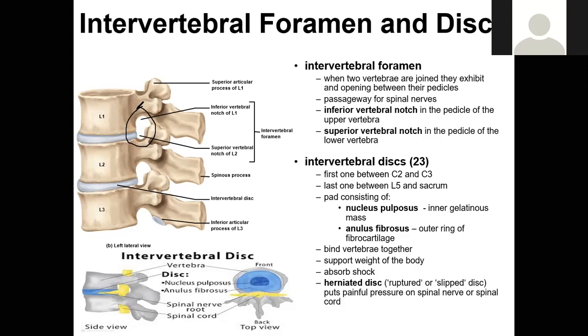Again, the intervertebral discs consist of the nucleus pulposus and the annulus fibrosus. They really are basically shock absorbers between the vertebrae themselves. And when you have heard the saying a herniated disc, a ruptured or slipped disc, what that means is that the nucleus pulposus has basically left the center part of the disc and is now causing pressure within the intervertebral foramen on those nerves.